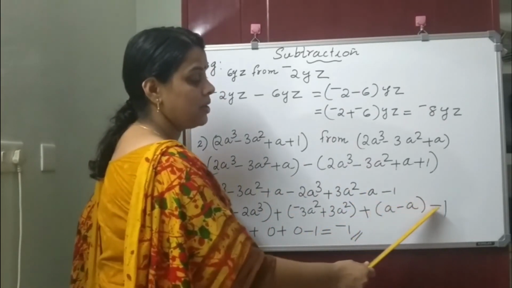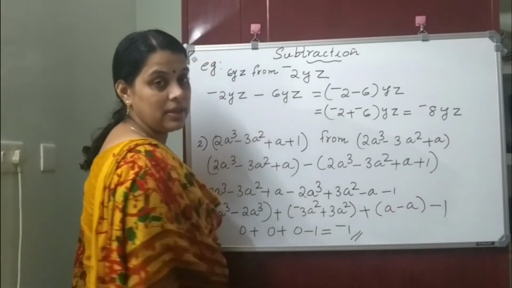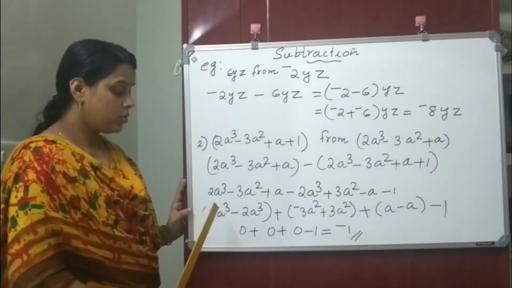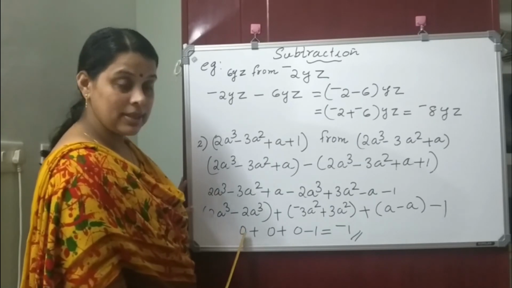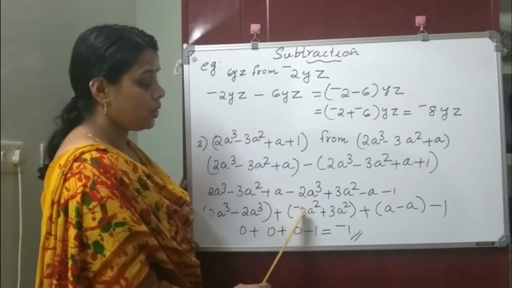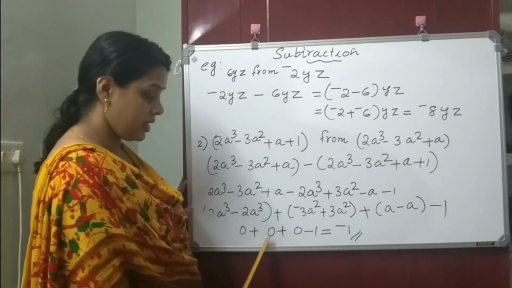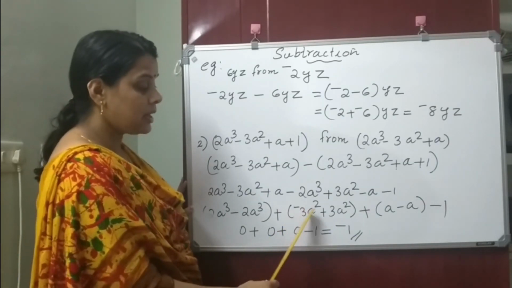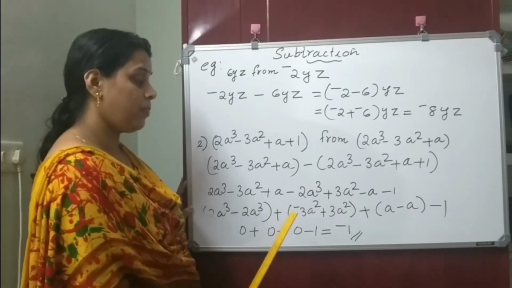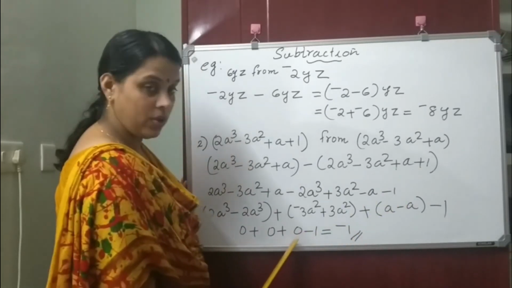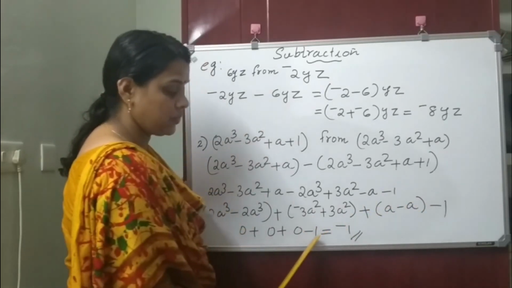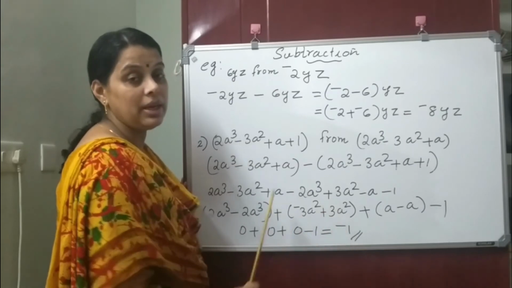The last is only minus 1, that is the constant. 2a cube minus 2a cube is 0. Minus 3a square plus 3a square is 0. That means minus 3 plus 3 is what? 0. a minus a is 0. What is remaining? Minus 1. So the answer will be minus 1.